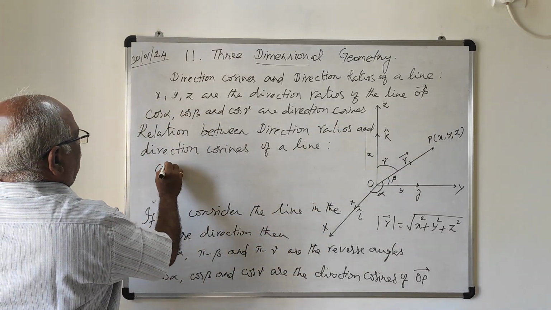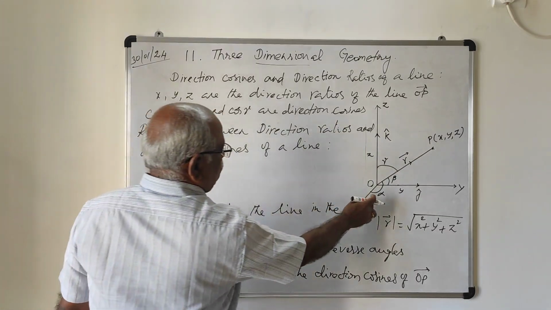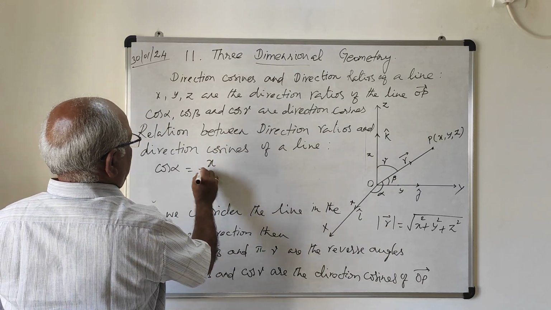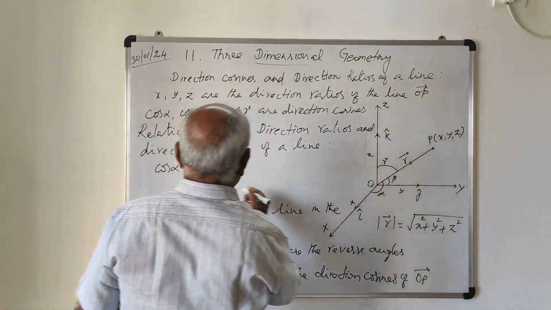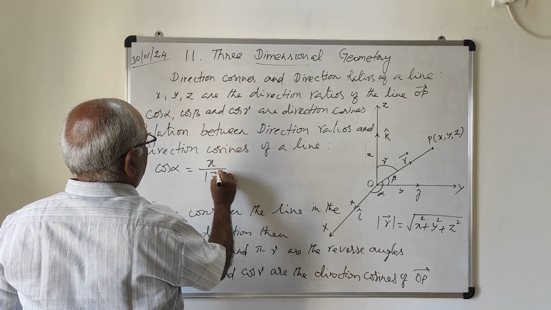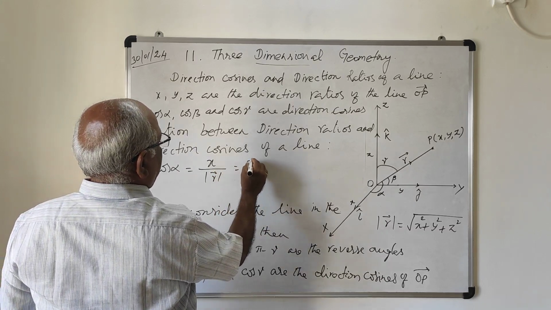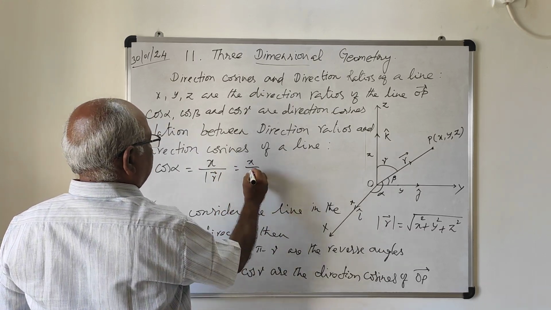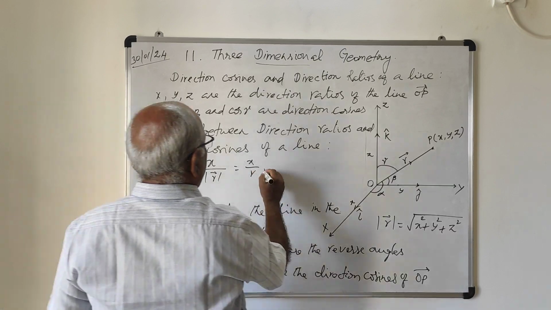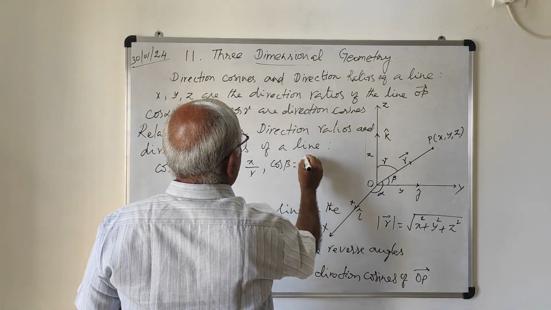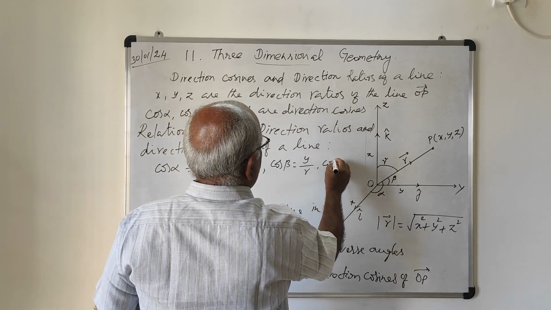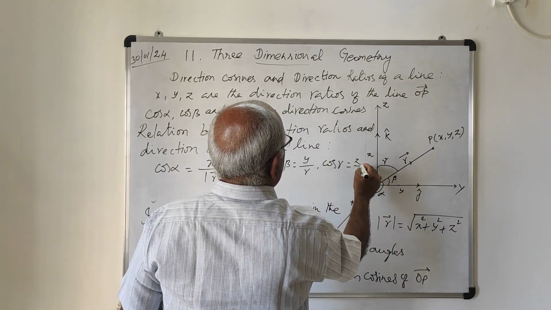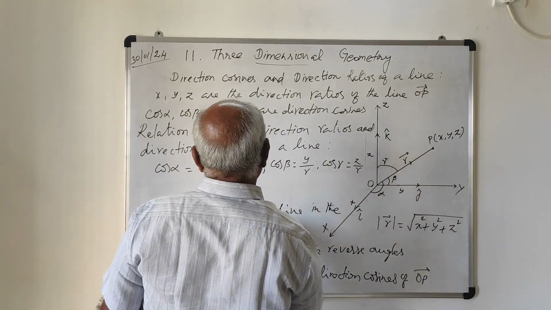You know, cos alpha equals x coordinate by OP, which is mod of r. It is denoted as x by r. Similarly, cos beta is y by r and cos gamma is z by r.